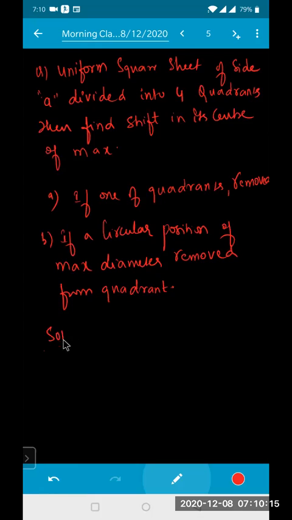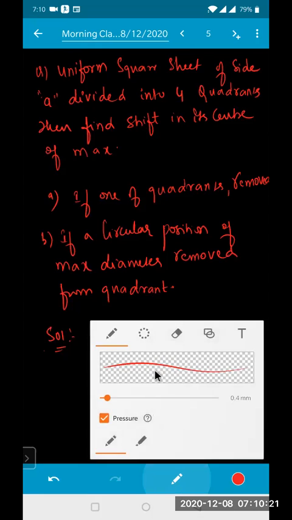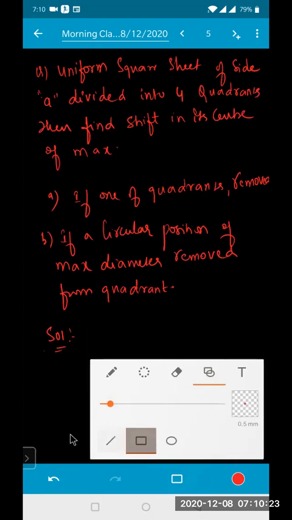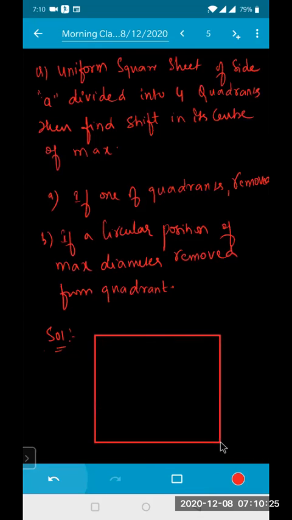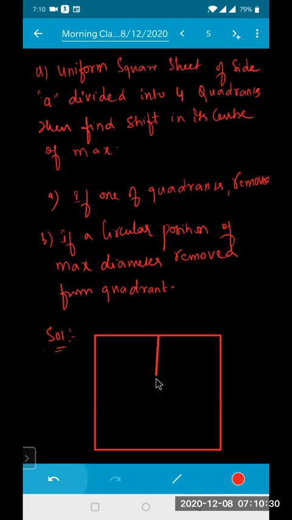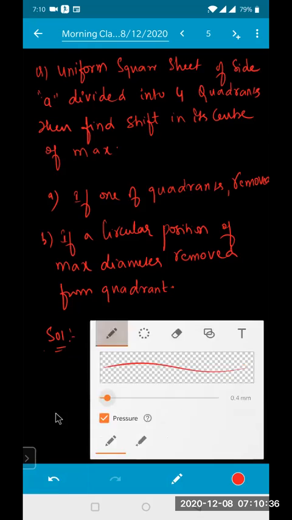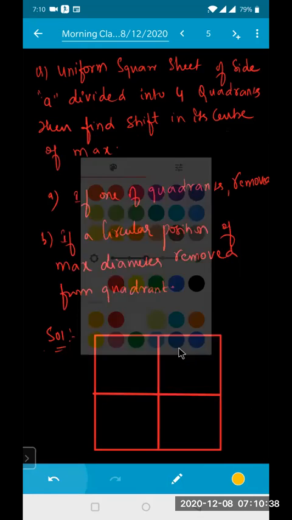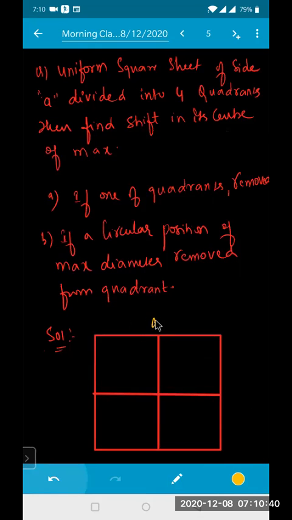So first read the question carefully. We have a uniform square sheet of side a.